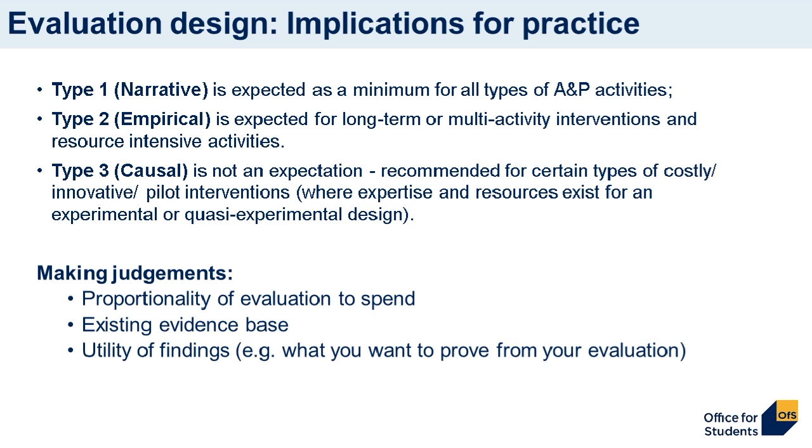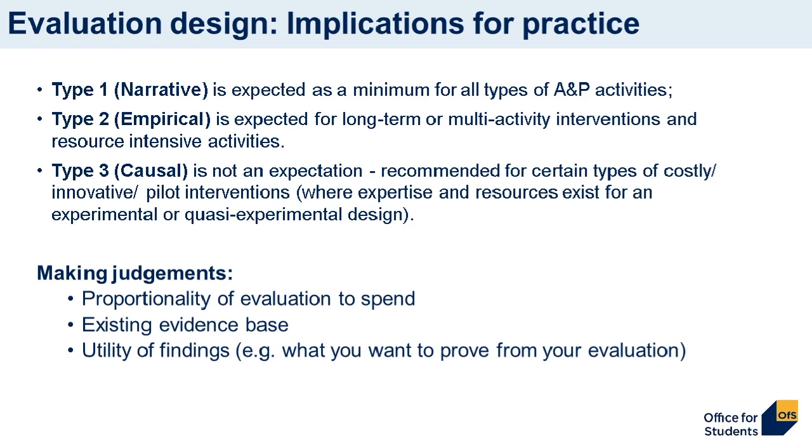So the research document that's been produced by the University of Exeter includes some suggestions about what type of evaluation is expected for different types of activities, but it's very high level and illustrative. Sorry, not indicative. So it's not prescriptive. But what it does say is that type 1 narrative is expected as a minimum for all types of AMP activities.